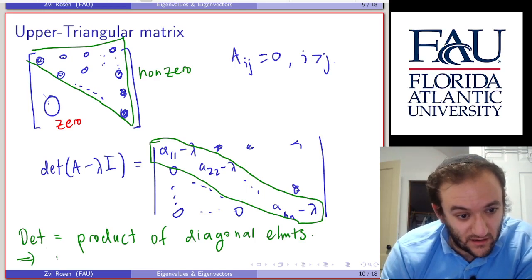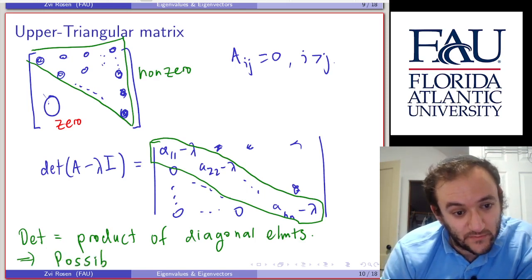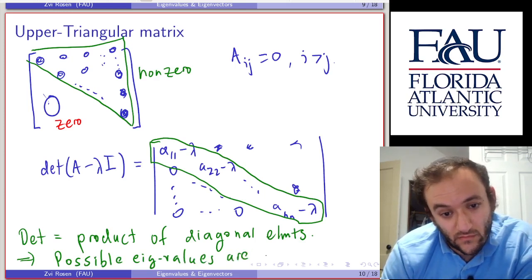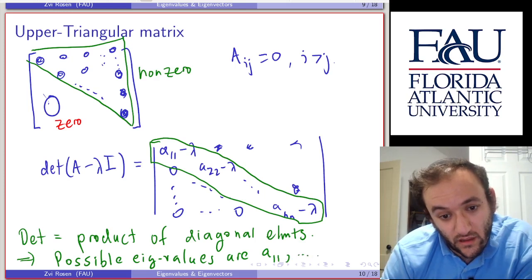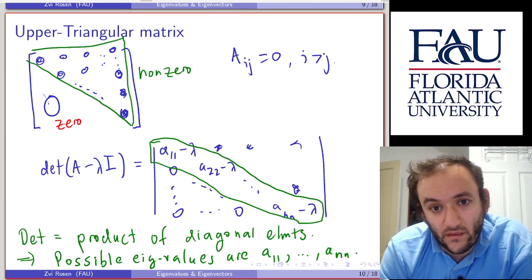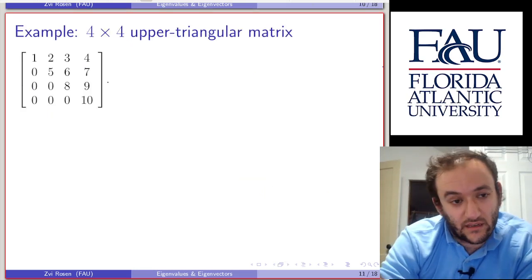This implies the possible eigenvalues are just a11 up to ann. Okay? So let's see what that looks like in a specific example.